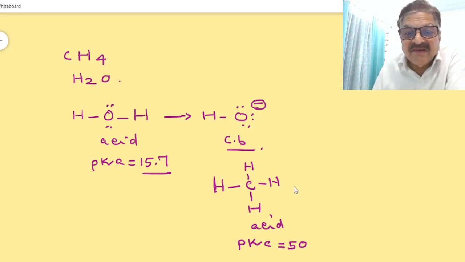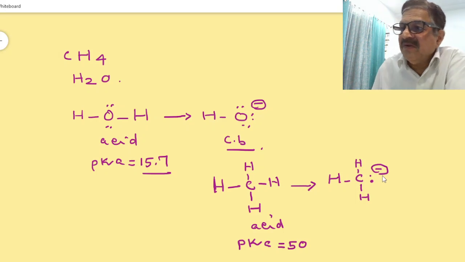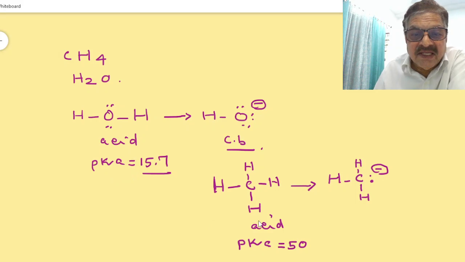Now in this case, what is the conjugate base? Loss of a proton gives you the conjugate base, you know that, and gain of a proton gives the conjugate acid. So here the negative charge is on the carbon atom.